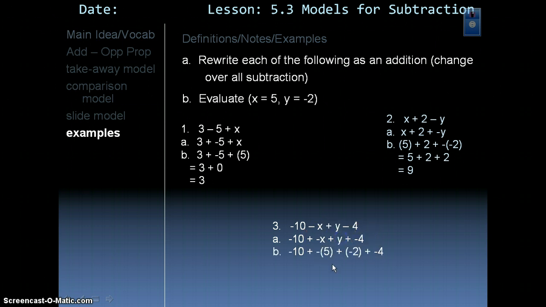So again, you'll notice this is the opposite of x, so it is the opposite of 5. Upon evaluating here, addition is commutative, so I'm going to add the first 2 terms, and then I will add the second 2 terms as well. Since it's all addition, I can add the first 2 terms together and add the second 2 terms as well, coming out with a value of negative 21.